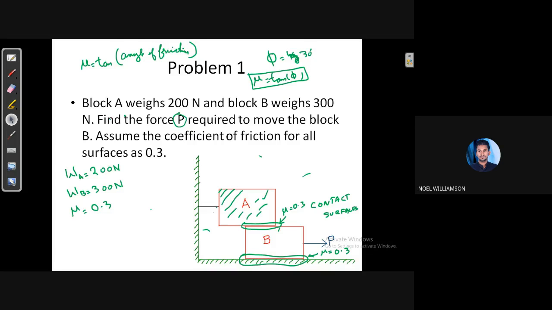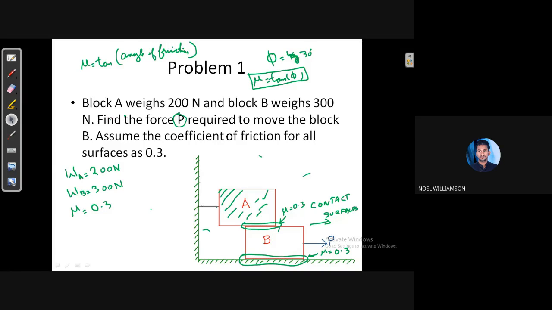Now, here you can see a spring which is tied to the vertical surface. There you will experience a tensile force because we are moving the body B in this particular direction. But A is not moving along with B, because A is connected to the vertical wall.